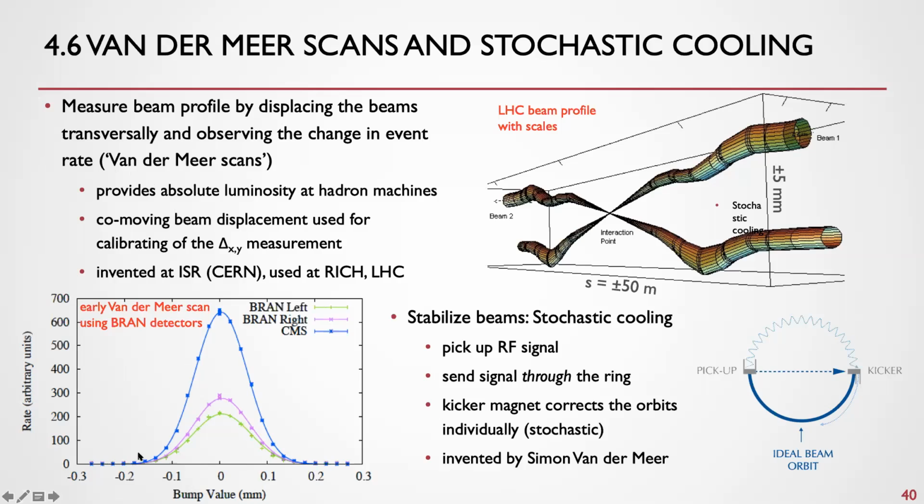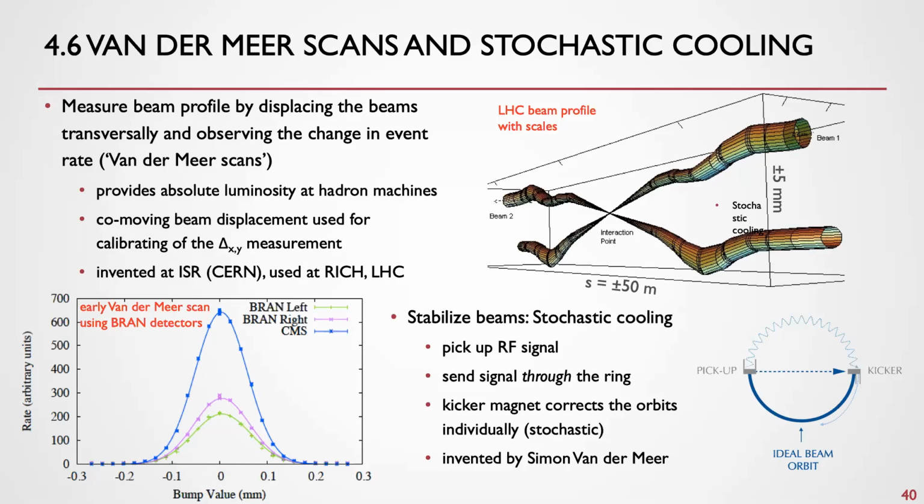One finds reduced values of the luminosity, and from this one can infer the beam profile, whether it's Gaussian, what its width is, in both directions, and from that one can infer the instantaneous luminosity.